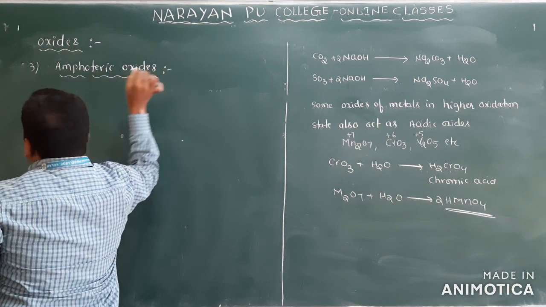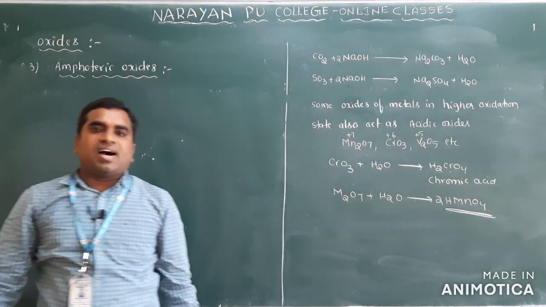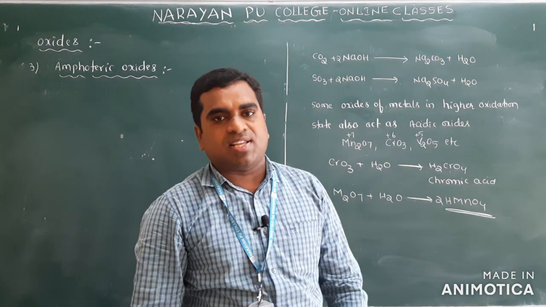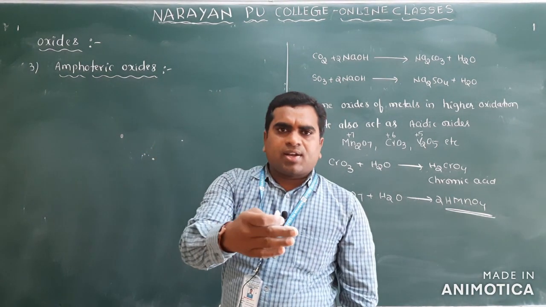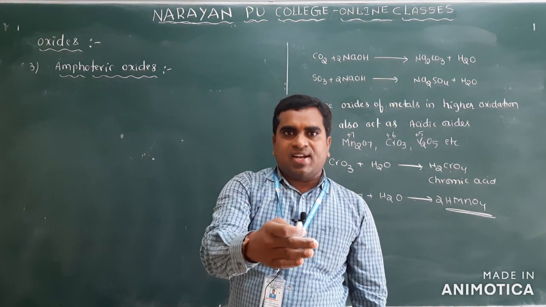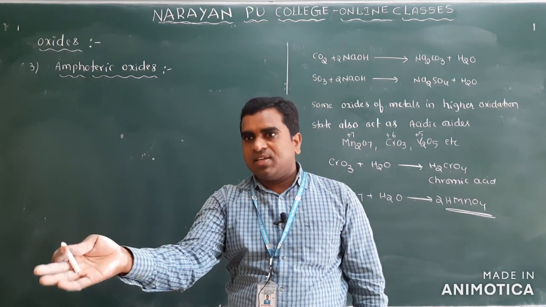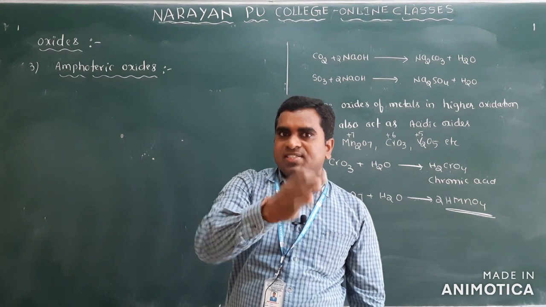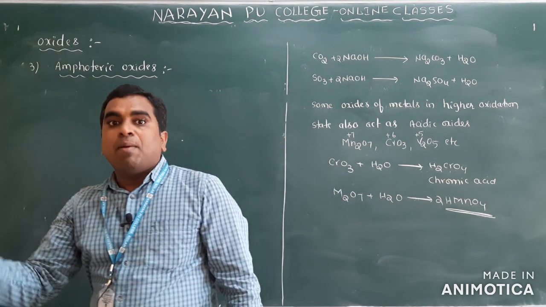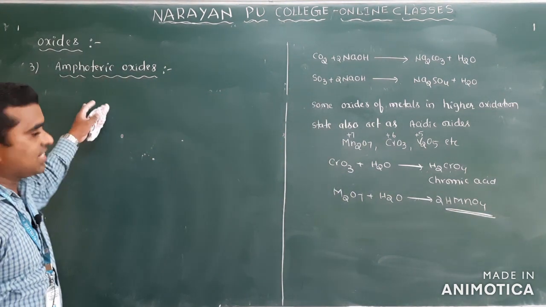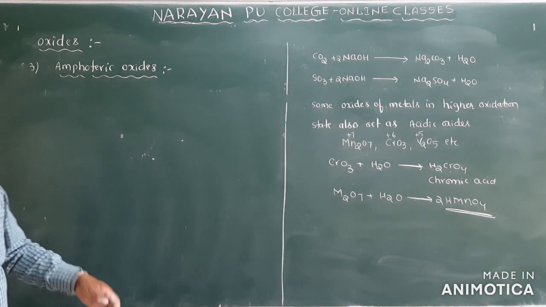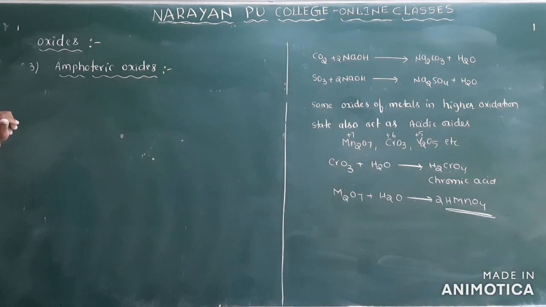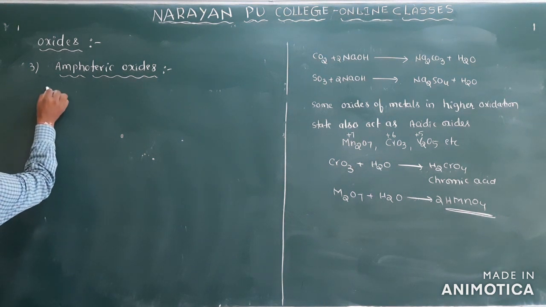Oxides which react with both the acids and bases are called amphoteric oxides. If I consider only acidic oxides, they will react with bases. If I mention basic oxides, they will react with acids. But amphoteric oxides react with both the acids and bases, and those types of oxides we call amphoteric oxides.